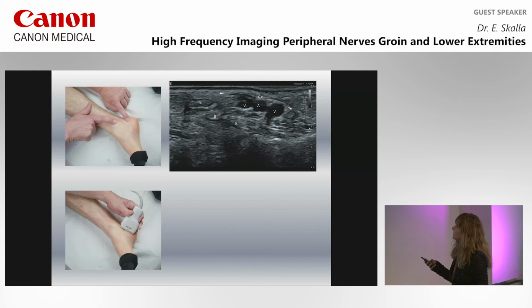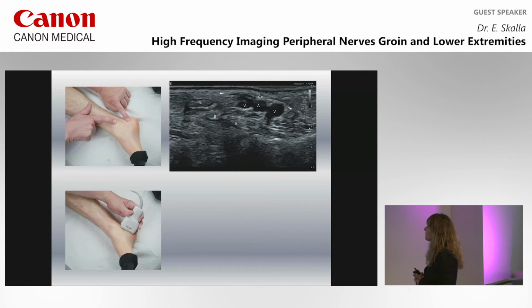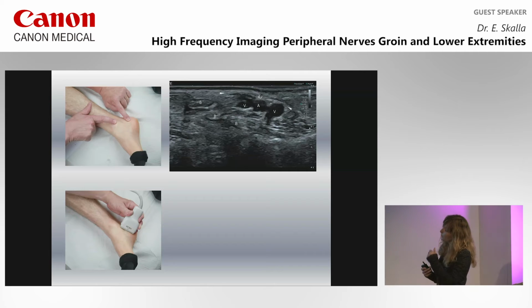Here are the flexor tendons. And now the important structures, the same as for the tibial nerve proximally, are the vessels, the posterior tibial vessels, the artery, the accompanying veins. And here this hyperechogenic structure, the flexor retinaculum.